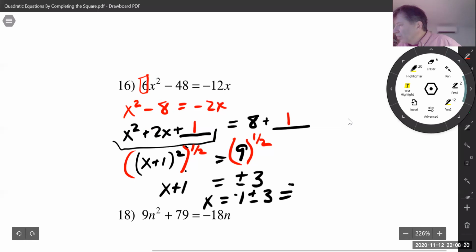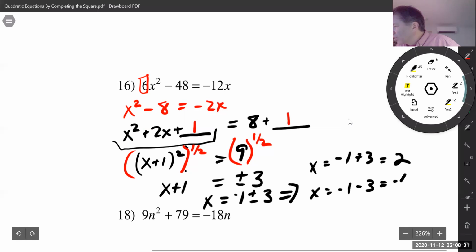which means that x is equal to minus 1 plus 3, which is equal to 2, or x is equal to minus 1 minus 3, which is minus 4. So it's probably easier to plug these back into this equation here just to make sure that it's true. So what happens when I plug in 2?